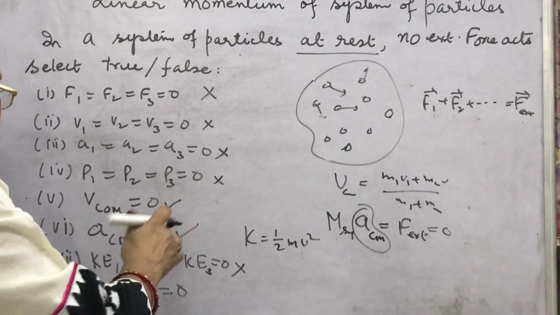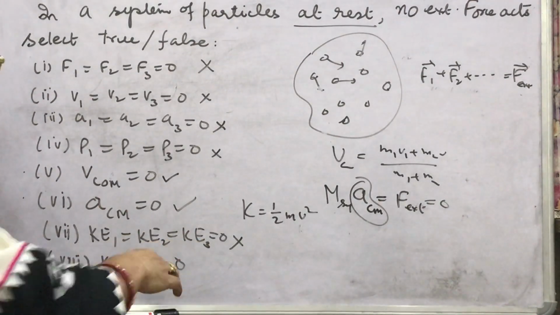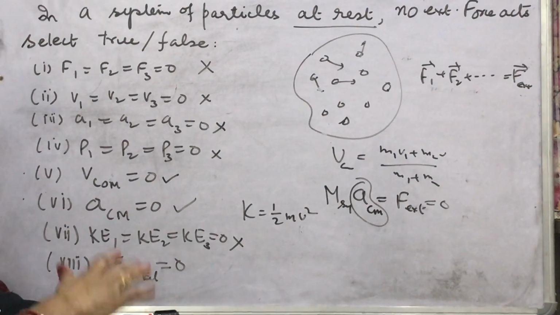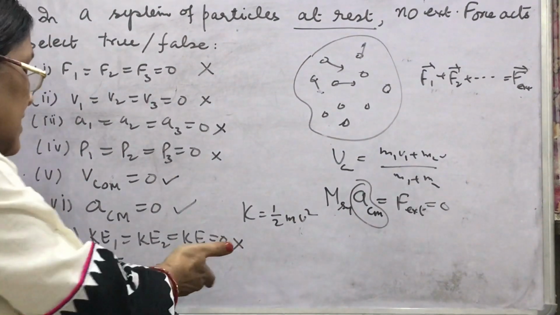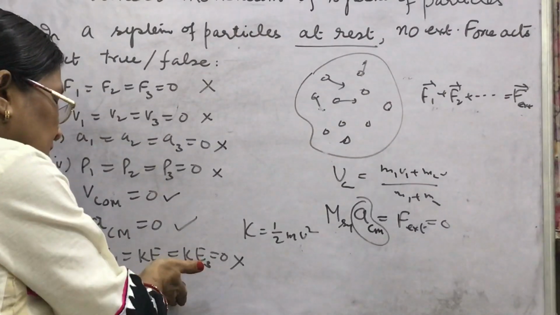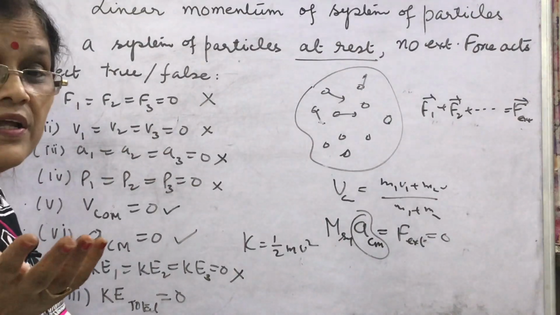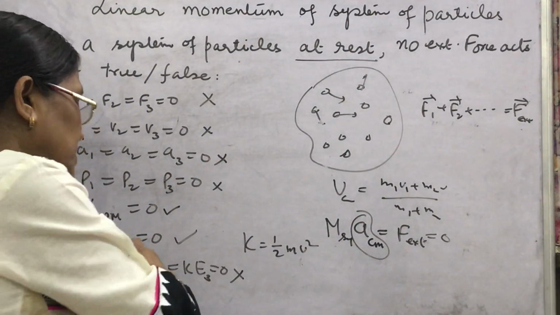What about total kinetic energy? What will you guess? Will the total kinetic energy be 0 or not? True or false? Never. Total kinetic energy, since it is a scalar quantity, is never 0.